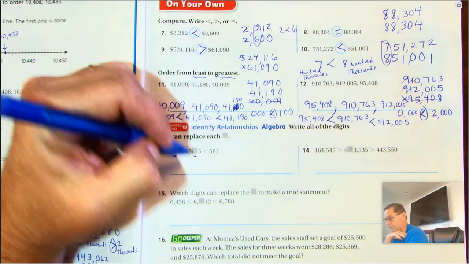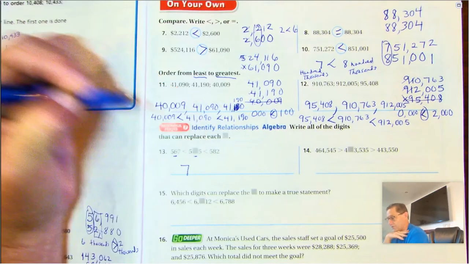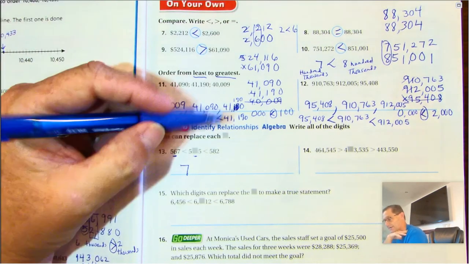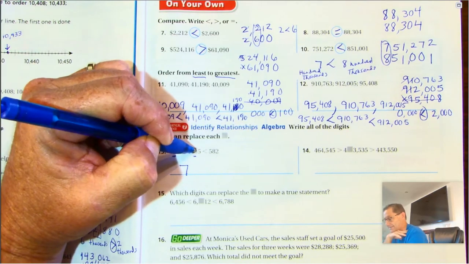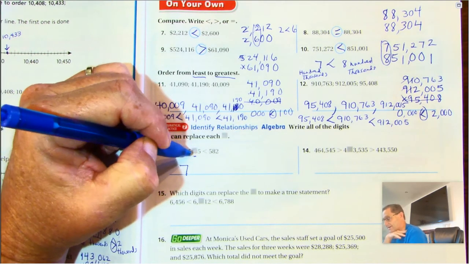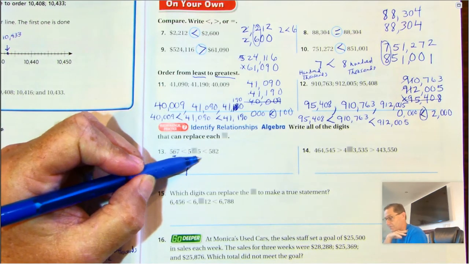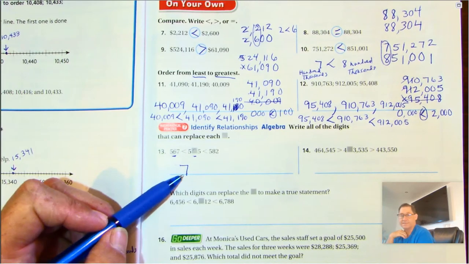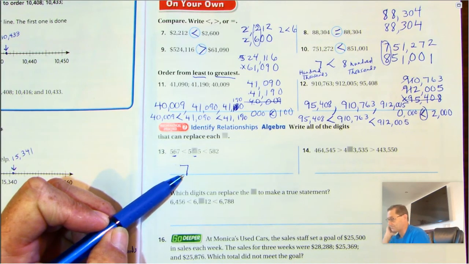So which one would be smaller? 7 would be smaller. Okay. And if I put 8, 6 is smaller than 8, but then we'd have to find out, is 585 smaller than 582? And we'd say no. So the only digit that works in this problem is 7.